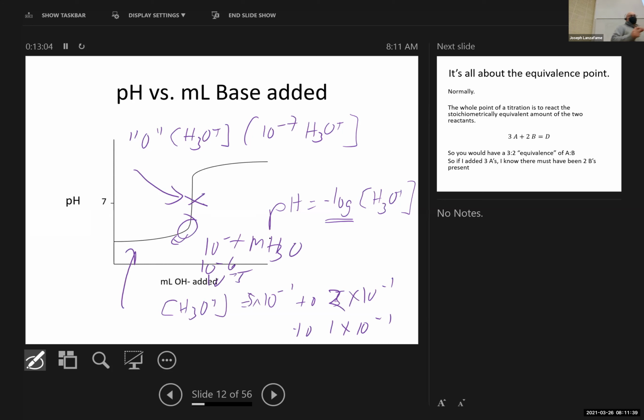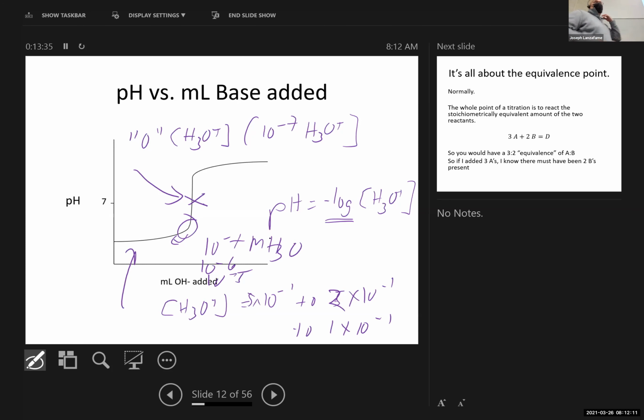A little bit of base when your acid concentration is 10 to the minus 1 doesn't change the concentration that much, whereas that same amount of base when your concentration is 10 to the minus 6 has a much bigger change in how much hydronium is left, right? And so the numbers will change slightly, as we'll see for the rest of class today, but the general trend is true.